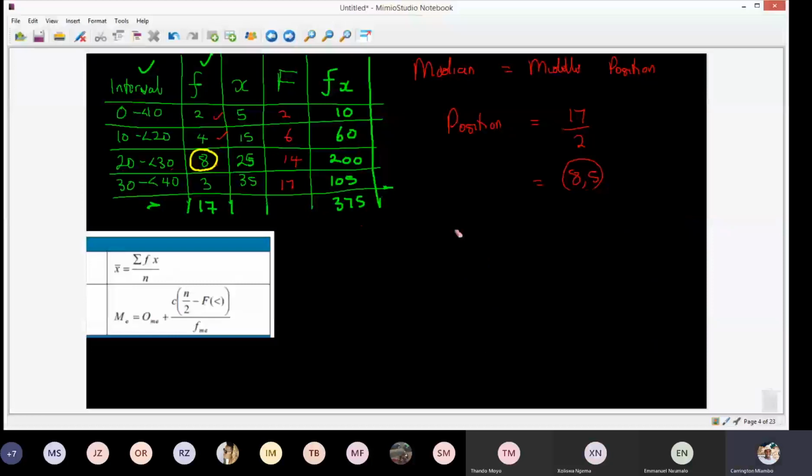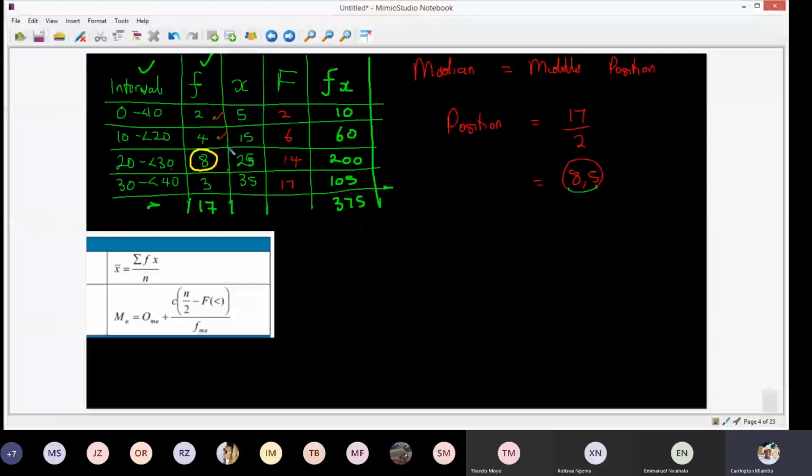Just to repeat: we saw that our median position is 8.5. We only have 2 items in the first interval, so we don't reach 8. In the second interval we now have 2 plus 4, which is 6 items. We haven't reached position 8. But when you reach the interval 20 to 30, you now have 6 plus 8, which is 14 items.